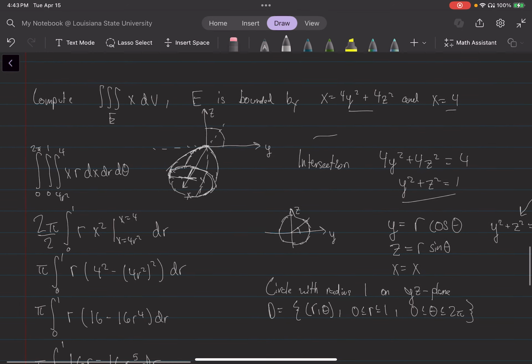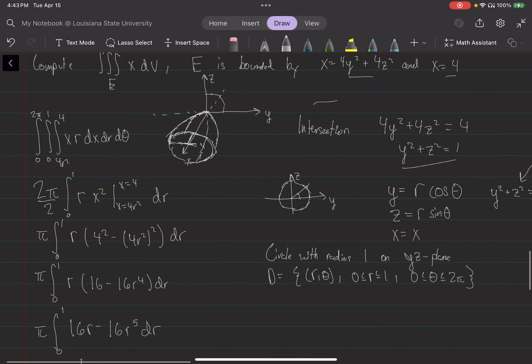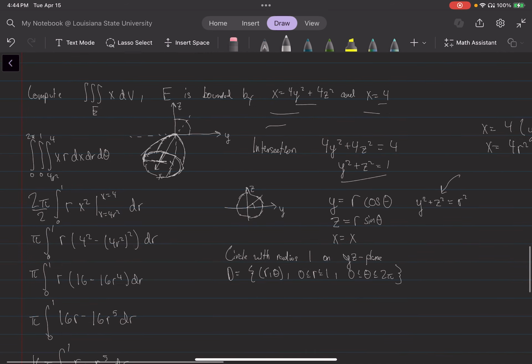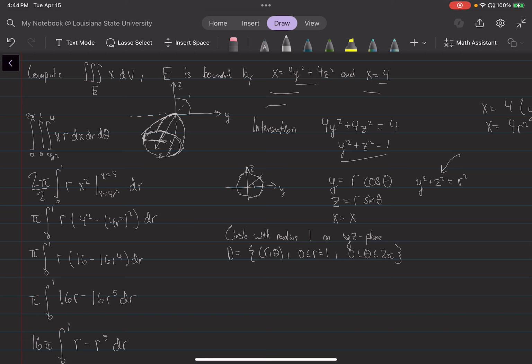So yep, that's how you could compute this integral. The reason I'm showcasing this example is that when we're thinking of a polar or cylindrical region, most of the examples you probably see only have an axis of symmetry along z, but that doesn't necessarily need to be the case.